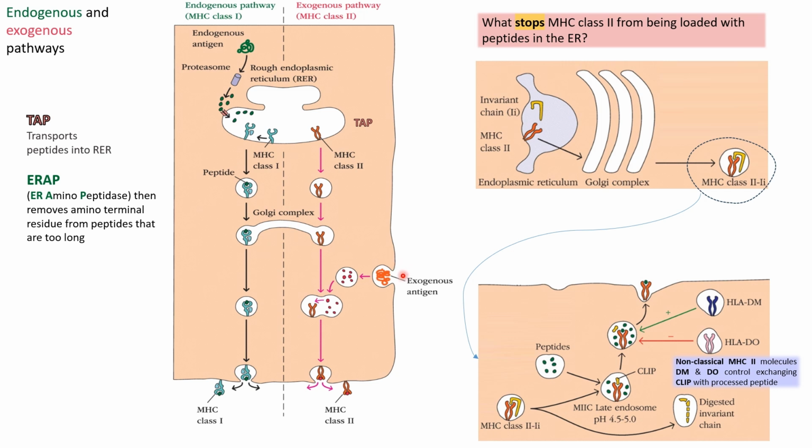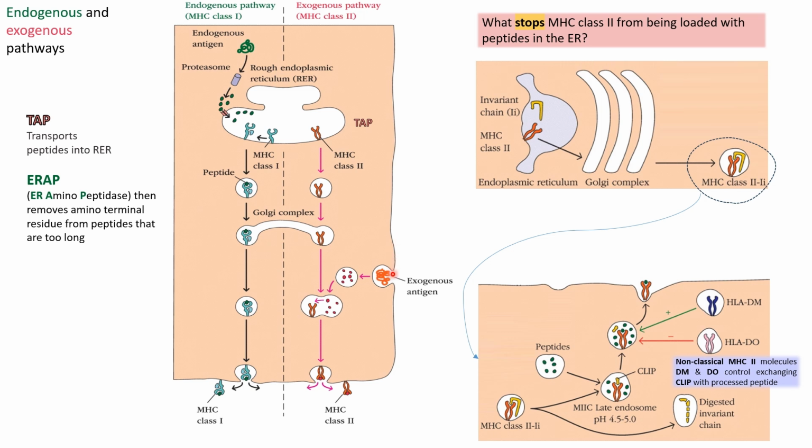For the exogenous pathway, antigen is coming from outside, and dendritic cells, macrophages, and also B cells present antigens on MHC class 2 in order to get T helper activation, CD4 positive T helper activation. So they sample what's present. In the case of a B cell, its B cell receptor can sample for things that it's specific for.